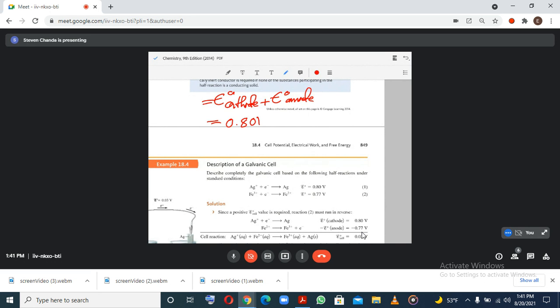Then what's the anode? This is plus, meaning you've rotated the anode. So when you rotate the anode, it's going to be plus, then minus, right?